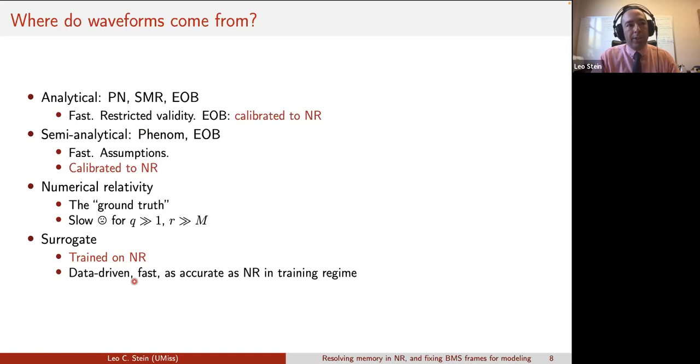You just take out as much stuff analytically as you can, and then the rest of it is a bunch of clever interpolation techniques that can be made as faithful to NR as you want, and take tens of milliseconds to evaluate waveforms. So that's fast enough for Markov chain Monte Carlo.